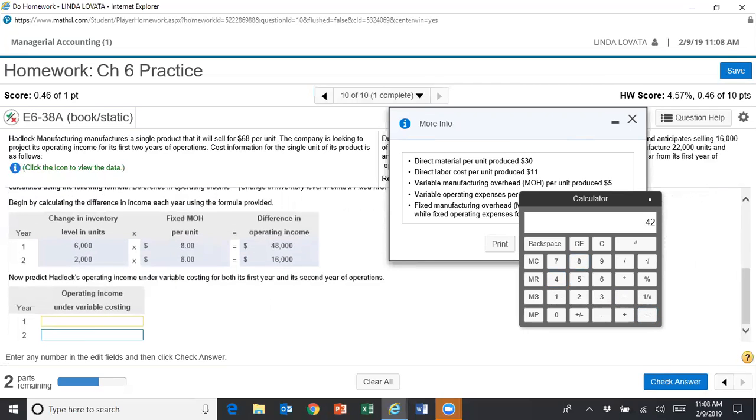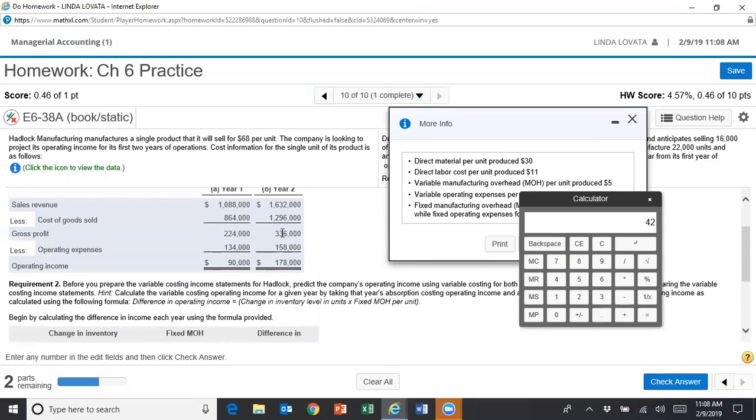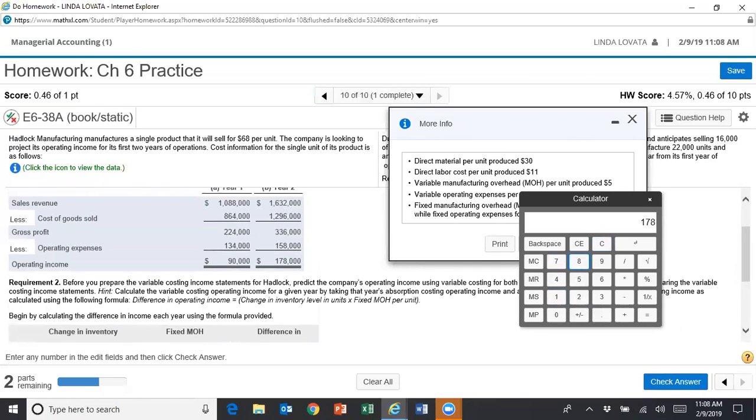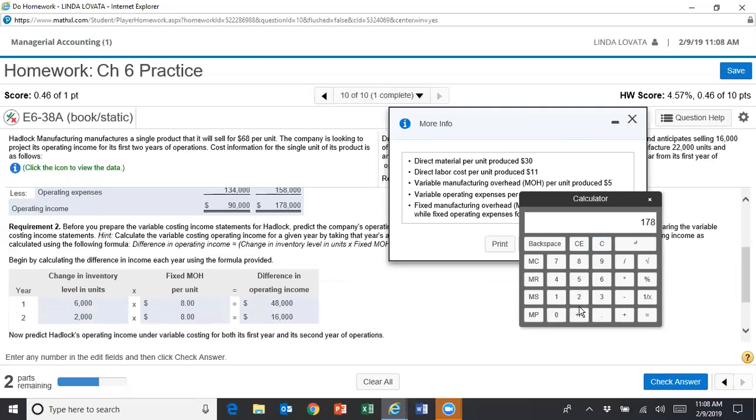So I'm saying 42 should be the number here. If I pull the right number here, I think, yeah. 178 was my other one. And I'm saying variable should be higher.